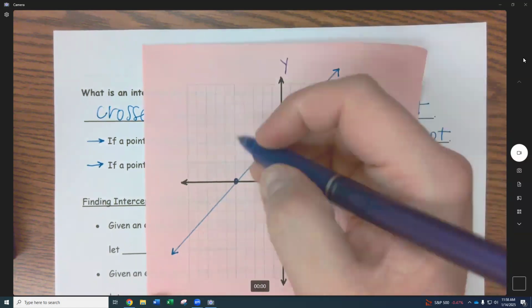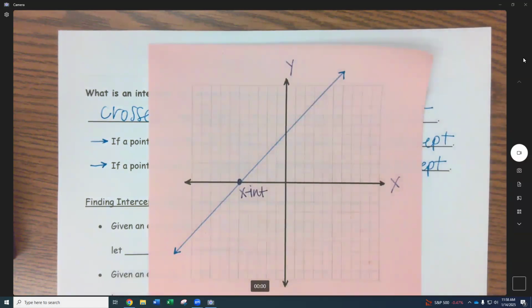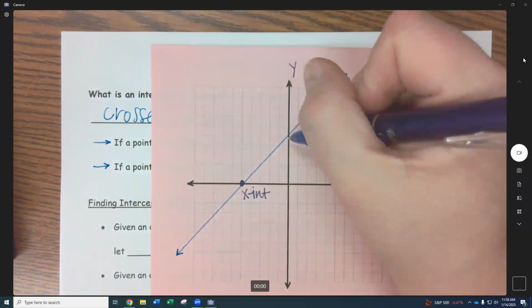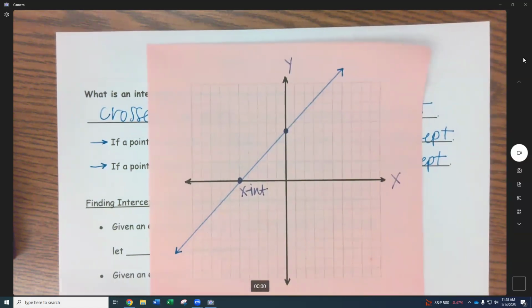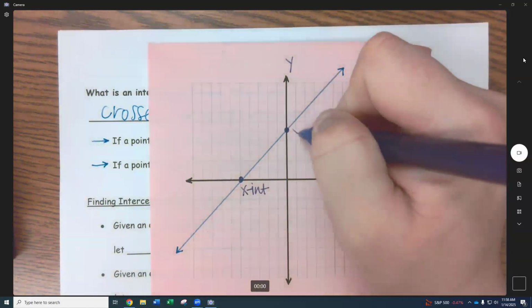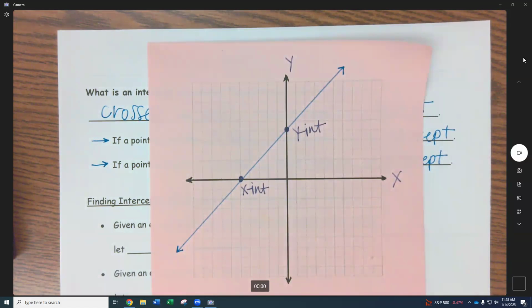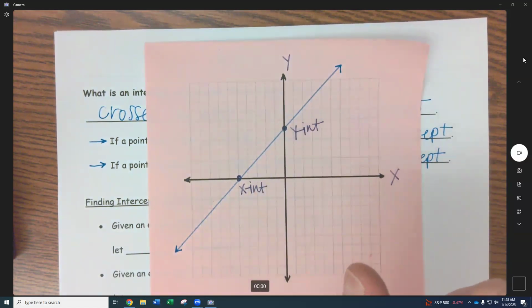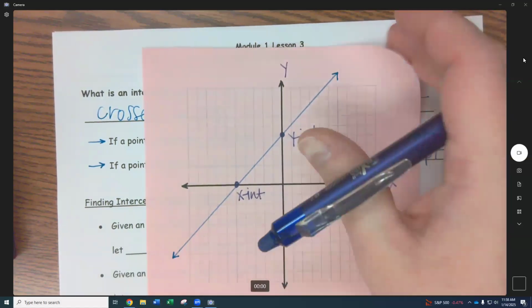More specifically, this is an x-intercept. And where is it crossing the y-axis? It is crossing right here. Now, more specifically, it is an intercept, but the specific name for this point would be the y-intercept. They are both intercepts, but this is your x-intercept, this is your y-intercept. Okay, so in this example, we have one x and one y.